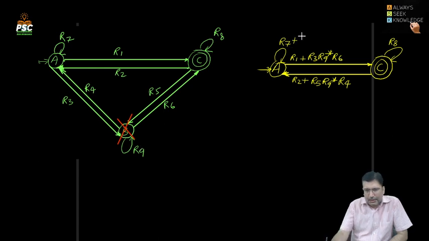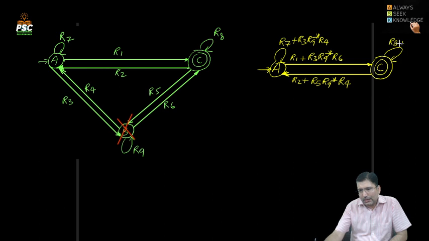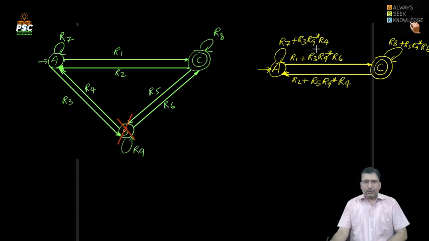So you write R3, R9 asterisk, R4 here. Similarly on C, along with R8, you write R5, R9 asterisk, R6. So this is the updated automata which we have. I hope you are getting it.